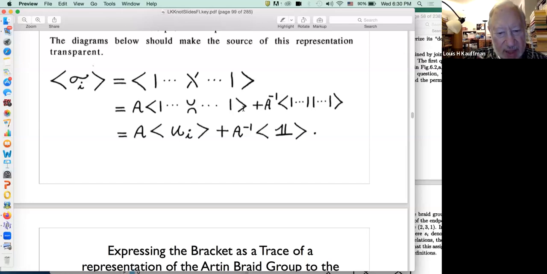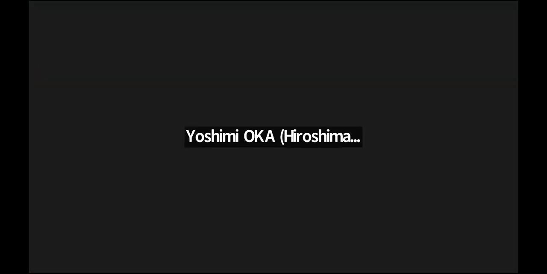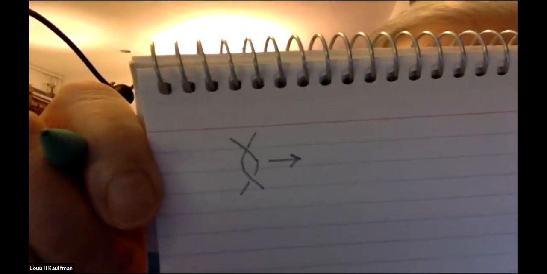So let's do a simple example by making a drawing. Let's take sigma 1 squared. Here's sigma 1 squared, that little braid. And then we're going to apply the bracket, and we're going to get A plus A inverse, like that.